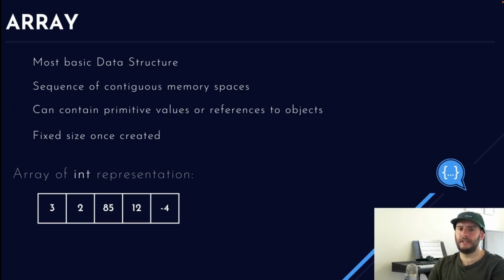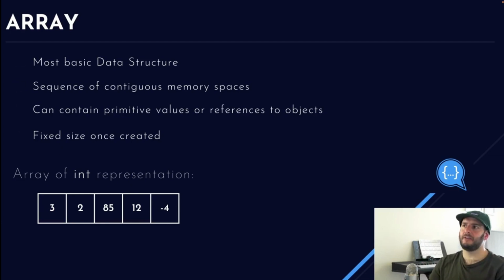For example, an integer, which is a primitive value, you can put many integers in a contiguous list. So in a list of contiguous memory spaces. This list is a fixed size list. Once it has been created, it cannot change the size.